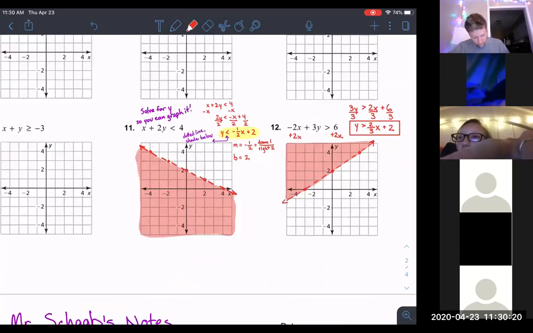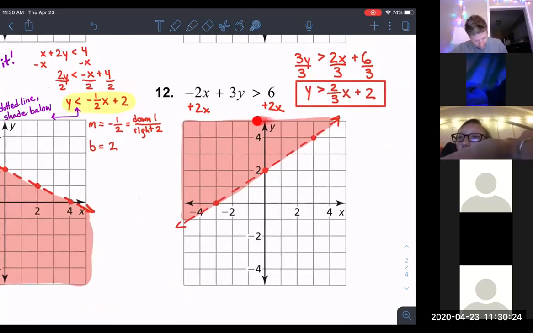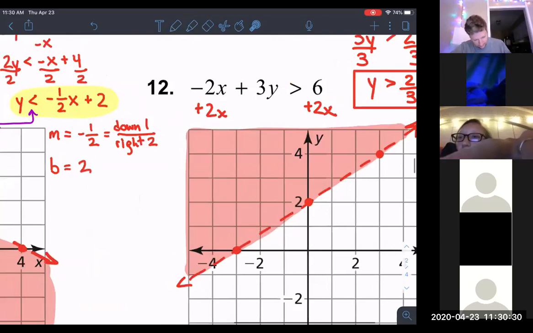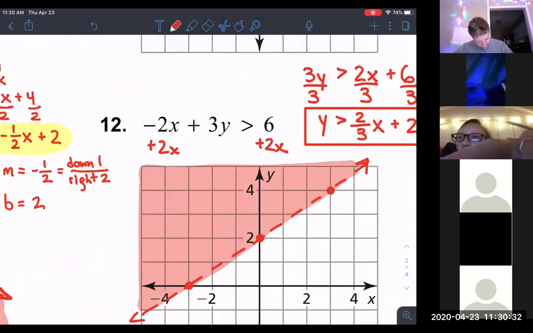And remember what this represents. Any point that's in this region is going to give you a true statement when you plug it in for x and y. So if I take even something really close to the boundary line, like the point -3, 1, and I put a -3 in for x and a 1 in for y, I should get a true statement.